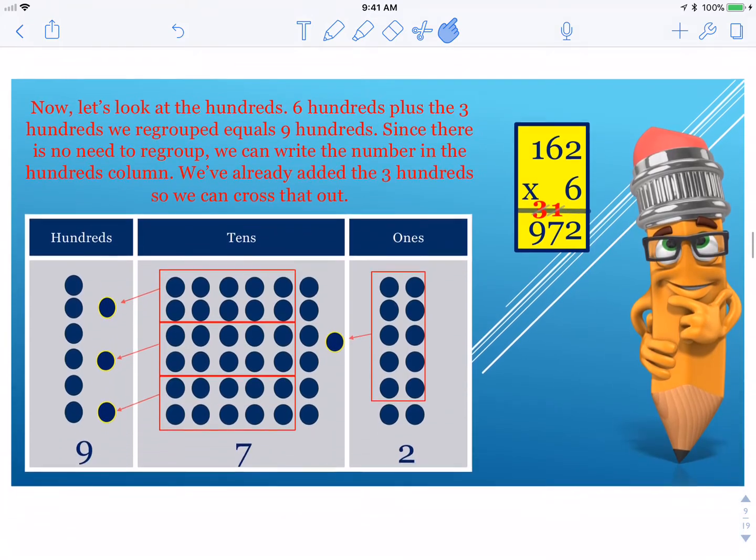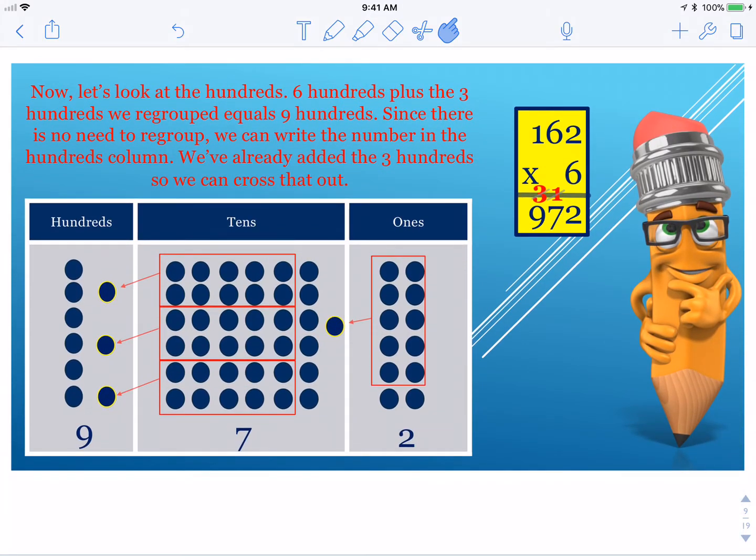Okay? So now let's look at the hundreds. 600s plus the 300s we regrouped equals 900s. Since there is no need to regroup, we can write the number in the hundreds column. We've already added the 300s, so we could cross that out.